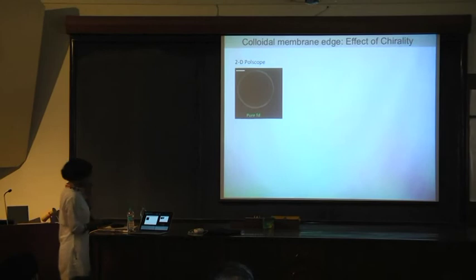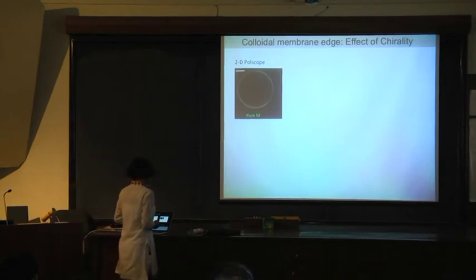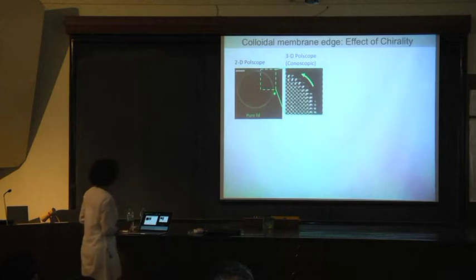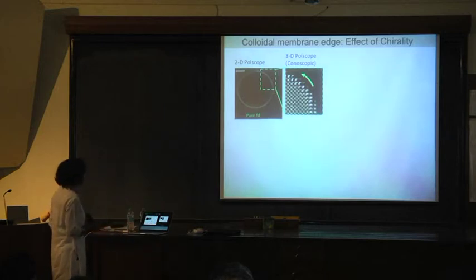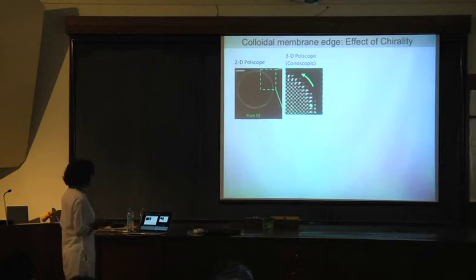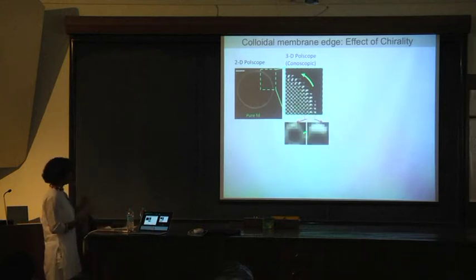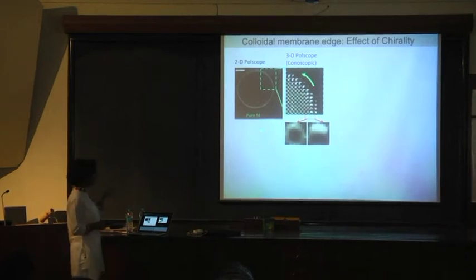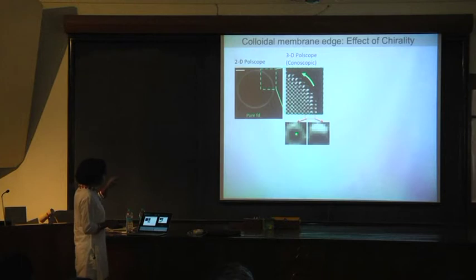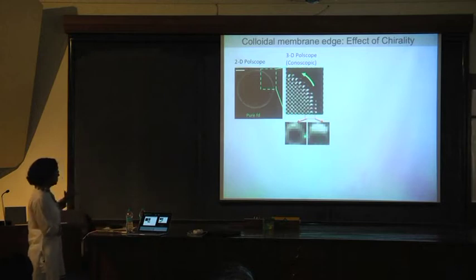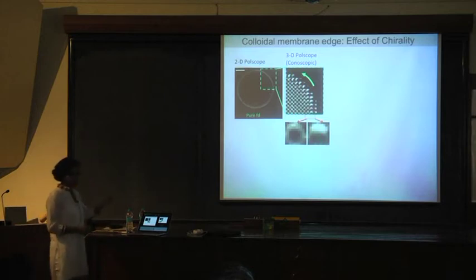To figure that out, we use what is called a 3D PolScope, in which the membrane is divided into an array of these disc-shaped objects, and each disc represents the local birefringence or the local tilt as a function of direction of the light rays that enter that local part of the sample. Here in this small picture, the zero retardance spot, or the zero tilt spot, is at the center, but as you go towards the edge of the membrane, the zero retardance spot is off-centered, and the azimuthal position of this maximum tells you whether it is clockwise or anti-clockwise.